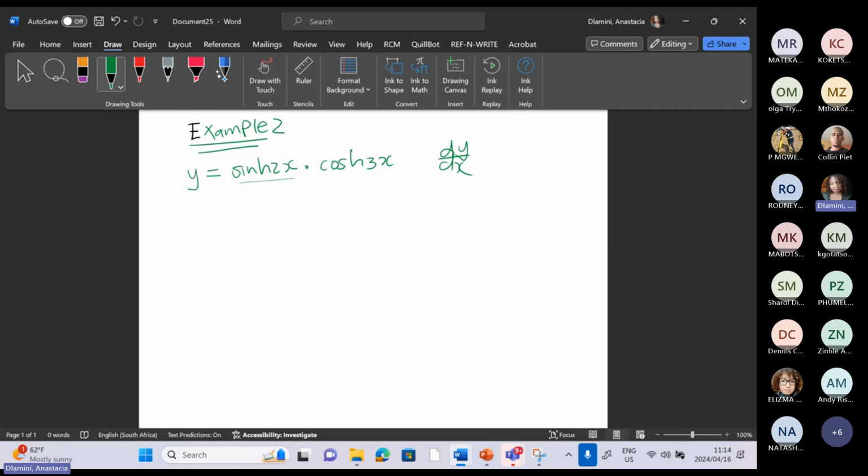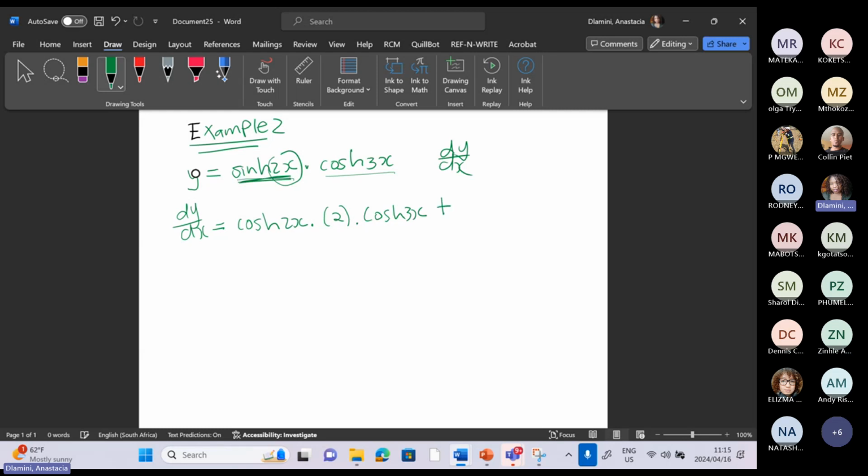So dy over dx will be the derivative of the first function, which is cosh of 2x, multiplied by the derivative of the inside function, which is 2, times cos of 3x. So we are done with the first function.